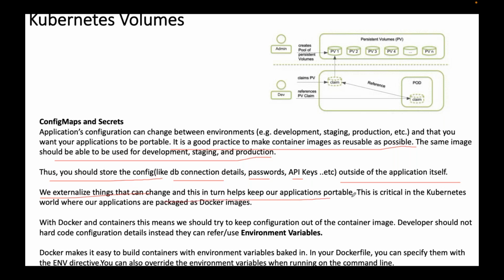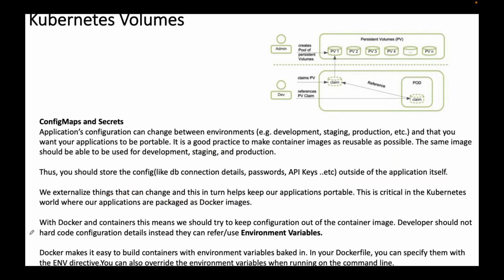Does it keep our code portable? Will this help us keep our applications portable if I externalize the things by referring from environment variables or property files or XML files? I can keep this application reusable and portable. So this is critical in the Kubernetes world where your applications are packaged as images.